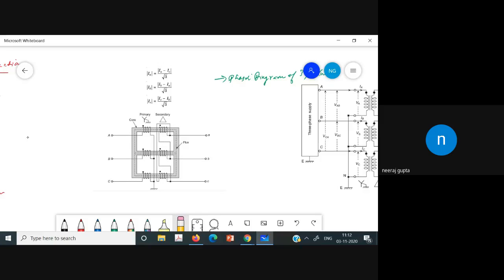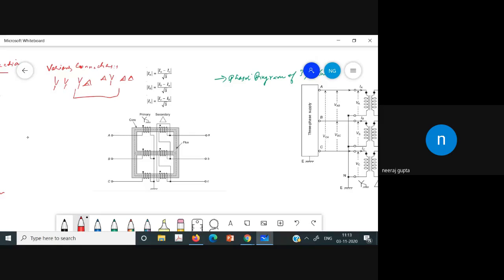The various connections which are used for the three-phase transformer are star-star, star-delta, delta-star, and delta-delta.